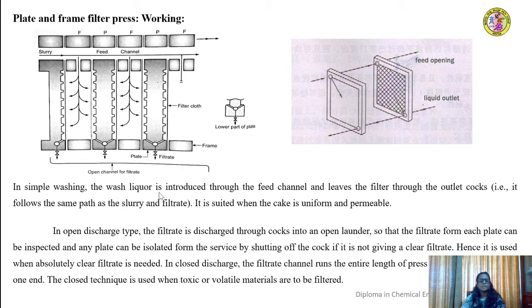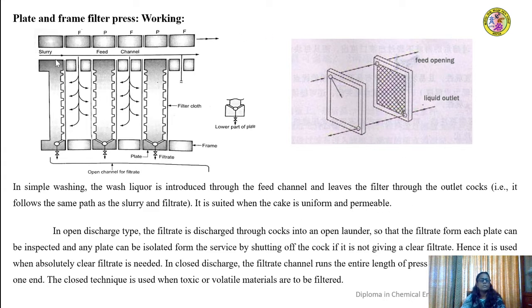In this washing, the liquor to be used as a wash liquor is introduced through the feed channel, leaves the filter through the outlet cocks, and follows the same path as the slurry and the filtrate. So it is suited when the cake is uniform and permeable.